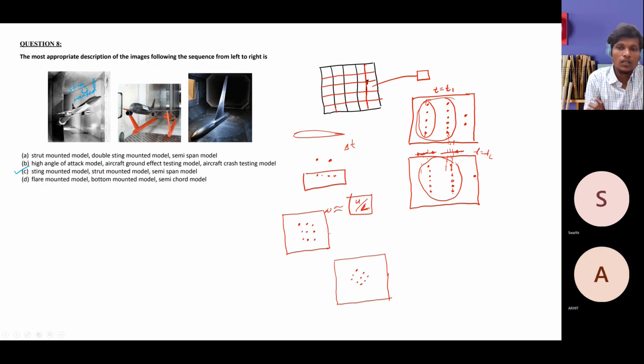What I do is, suppose you have a chord length L. Is it possible for a vorticity to be generated at more than this chord length L? Some vortex is generating here; is it possible that it is generated at more than the scale length L?